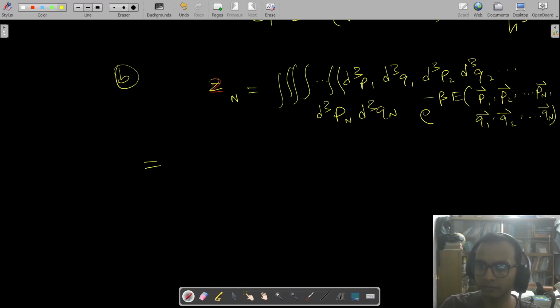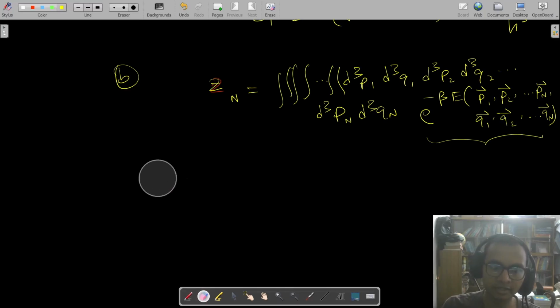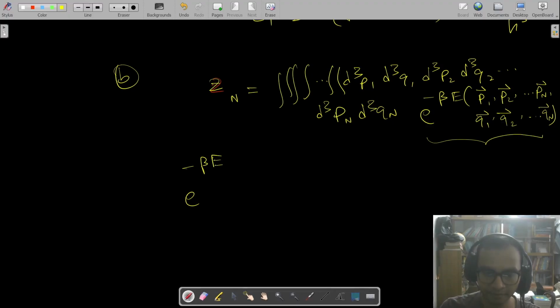If I have to write this factor explicitly, let's do that so that we can easily evaluate this integral. This factor has no potential in it, but it does have the kinetic energy part, and for particle 1 that turns out to be this. These are identical particles, indistinguishable particles, and they all have mass m.